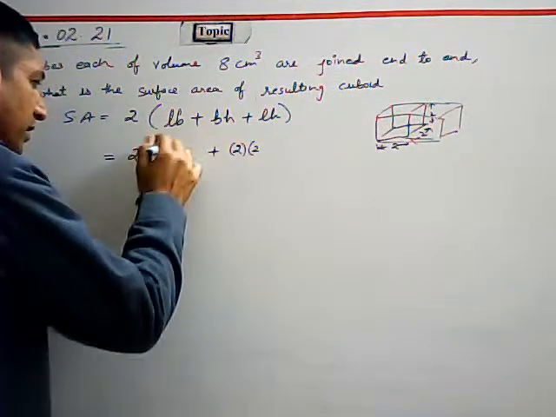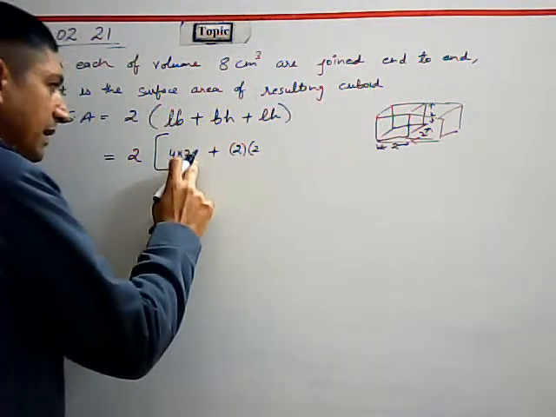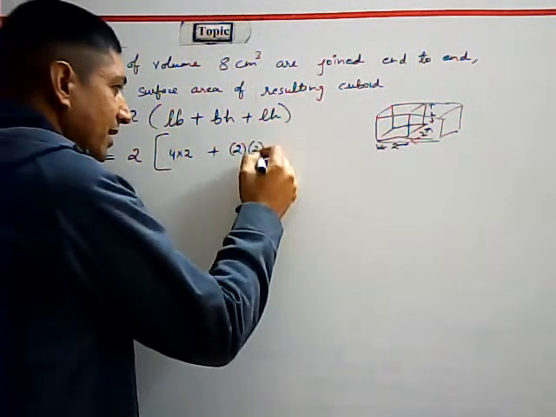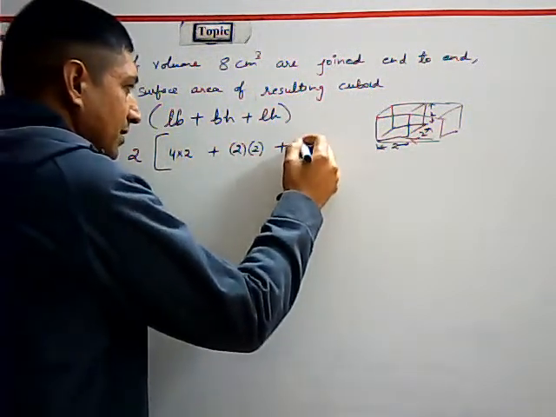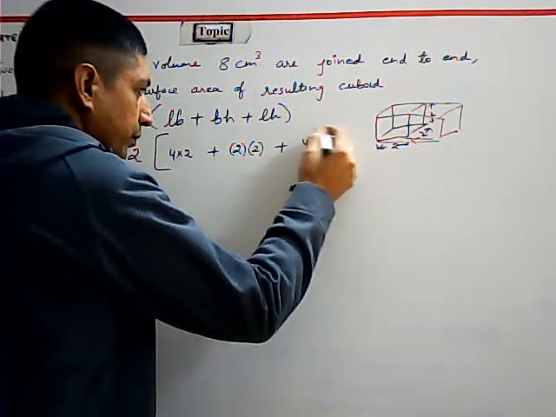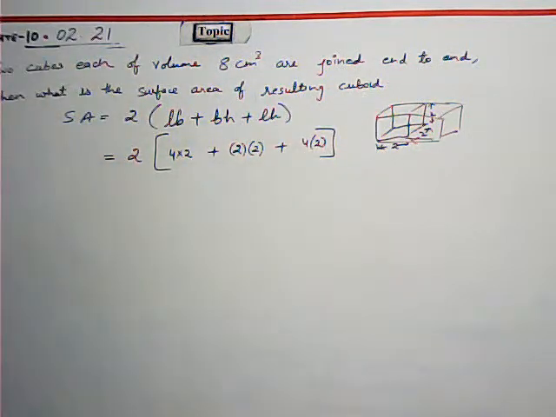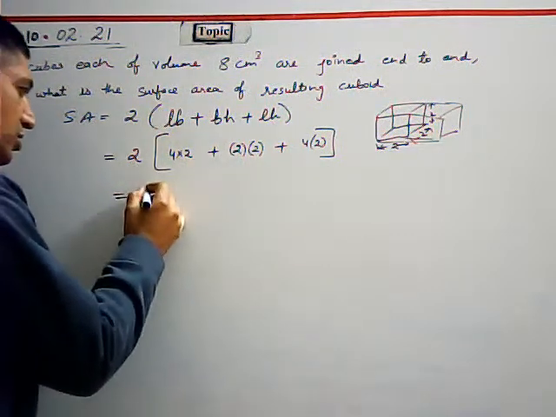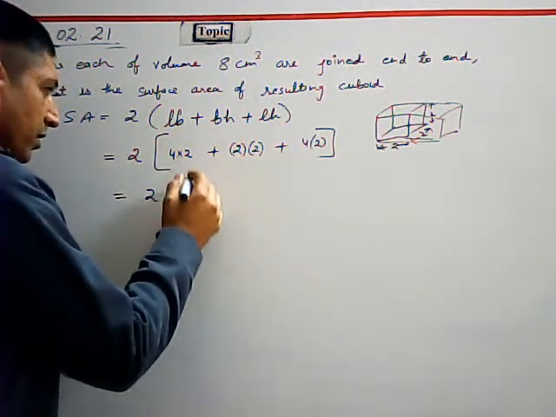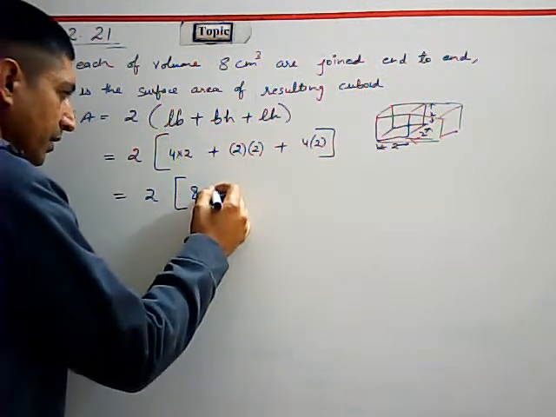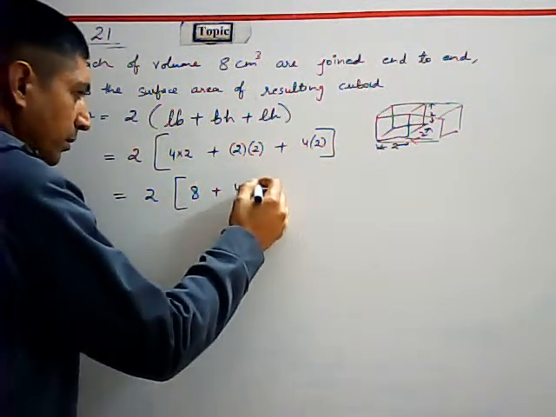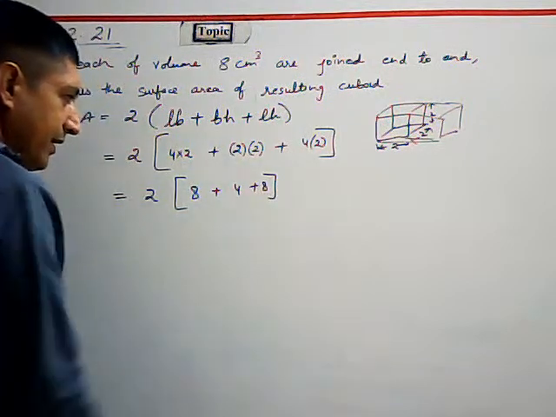So here LB, BH and LH, that is 4 into 2. So here we have 2 into 8 plus 4 plus 8, right?